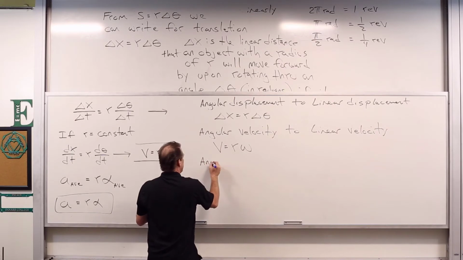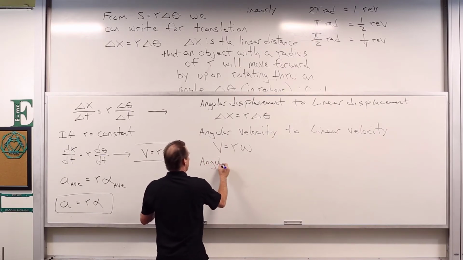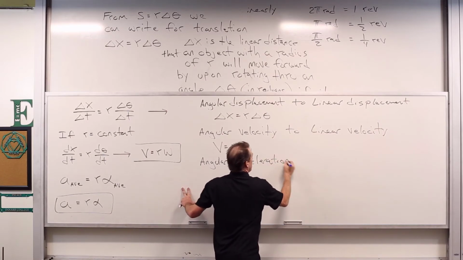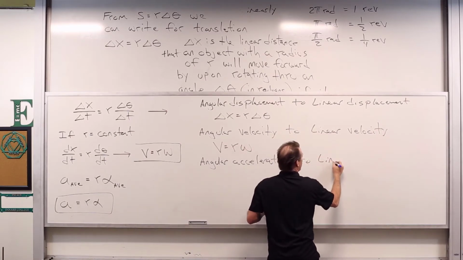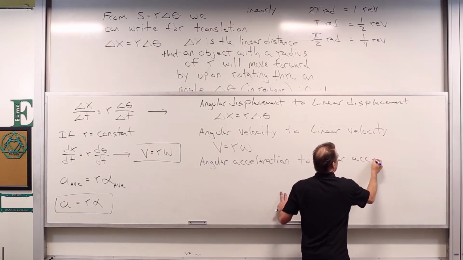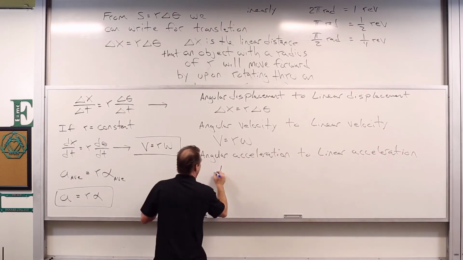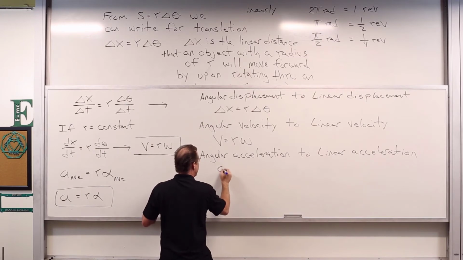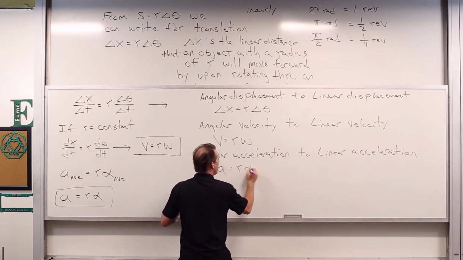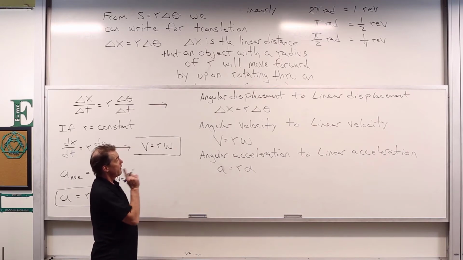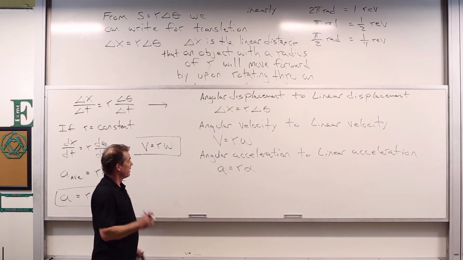And then angular acceleration to linear acceleration: a is equal to r times alpha. So think about a couple of things here.